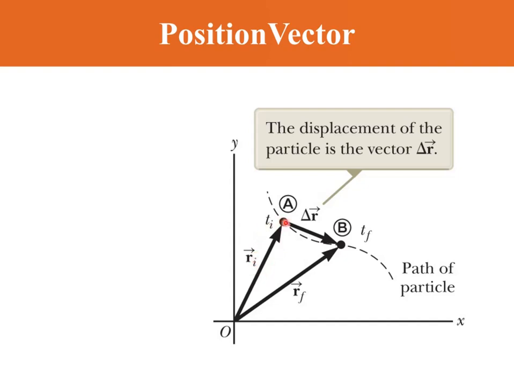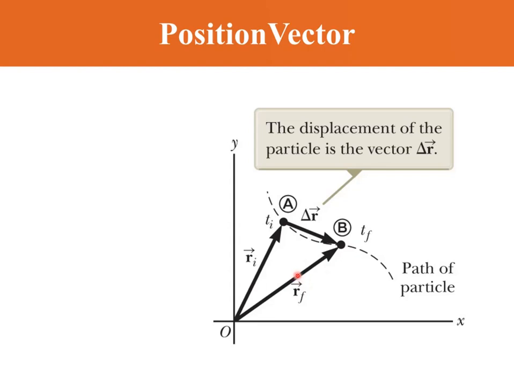And as it goes to B, through this path, let's say the object is presented by my laser pointer here, moving from A to B along the path given, the displacement changes from initially Ri at A, and then finally becomes Rf at B.